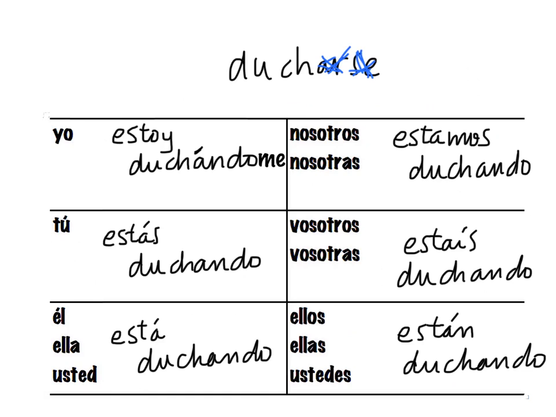So yo me estoy duchando, or no me estoy duchando if I'm not showering, or estoy duchándome. So your choice. It can go at the beginning or at the end. It can't go here in the middle. Okay? Can't go in between one part and the other, but it can go before or after.